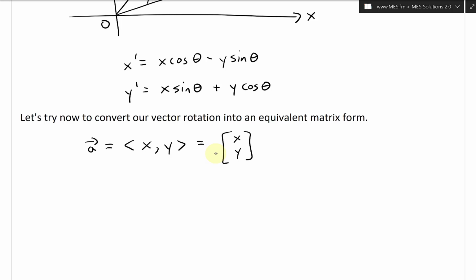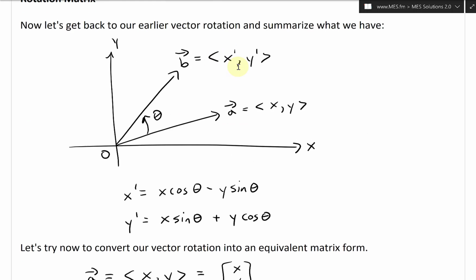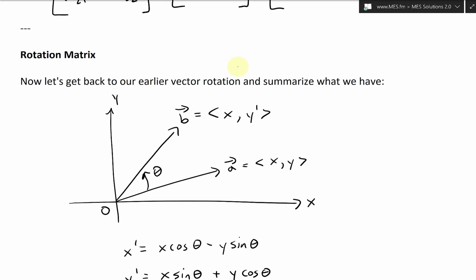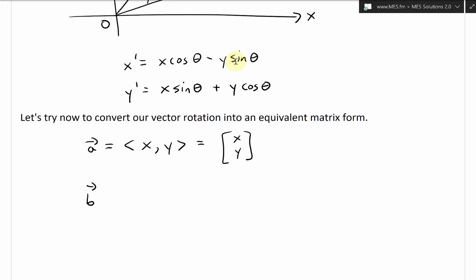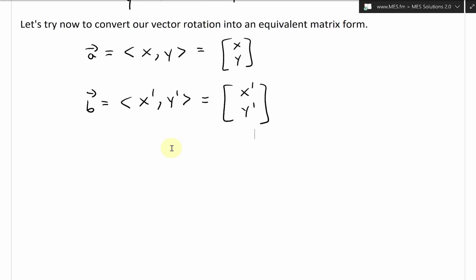And now the b vector is over here, x prime, y prime. This equals, in component form, x prime, y prime, and in matrix form, this equals x prime, y prime. All right, now I'm going to take this and expand it by itself.